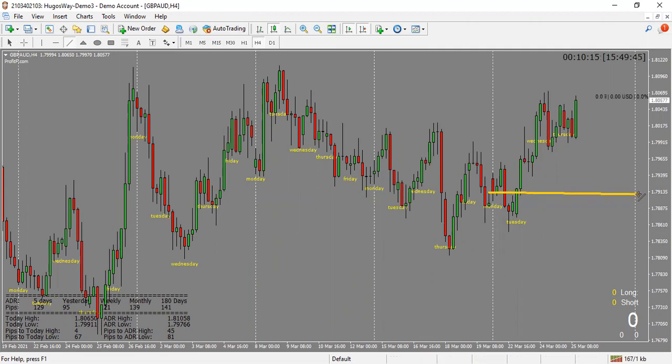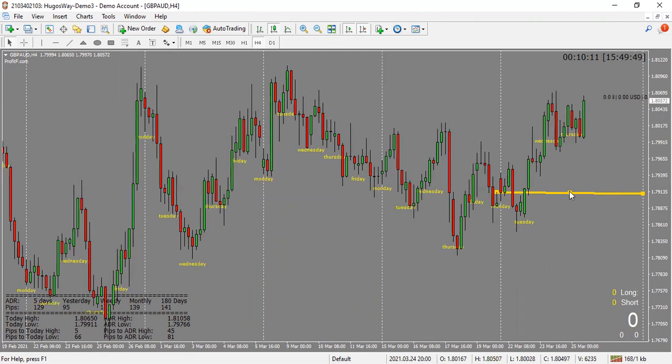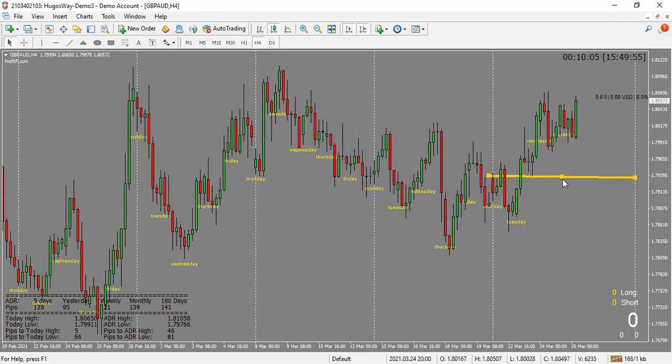Put a line where it opened at. This is going to mark off the start of the week, and we're just going to go back a couple blocks and do this. The bullish ones, you want to put a line underneath.